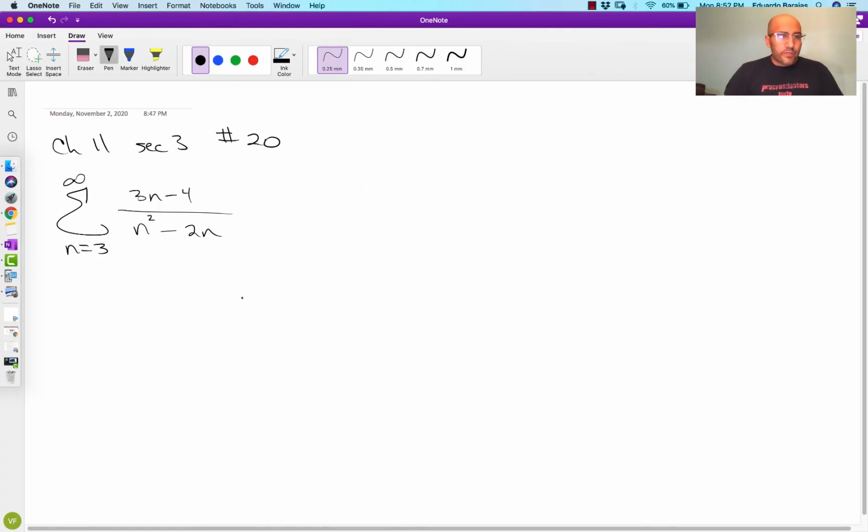Okay, number 20, what do we do with this guy? So, well, first of all, we're interested in this continuous function, right? So we want to consider f of x equal to 3x minus 4 divided by x squared minus 2x.